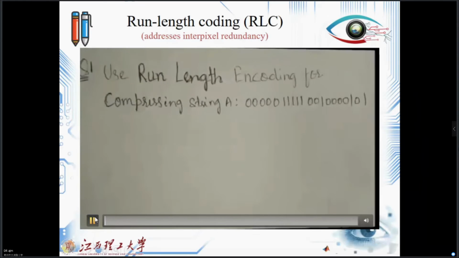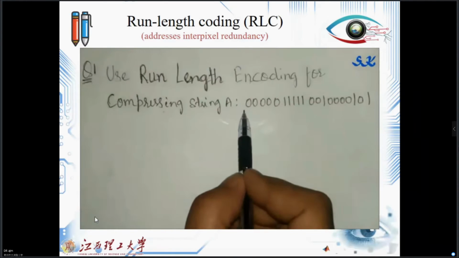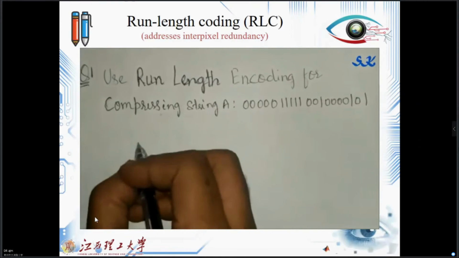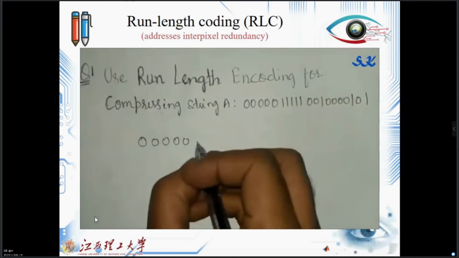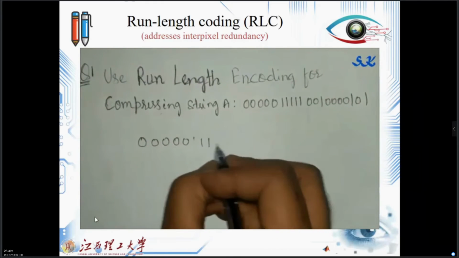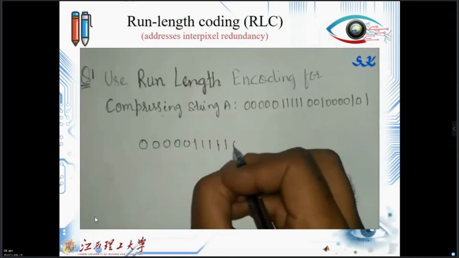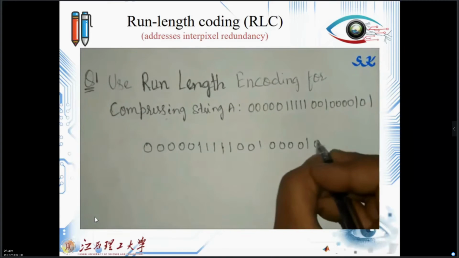Okay. Then run length coding for these codes. Suppose we assume this string that I have. We have 5 times for the 0, 0, 1, 1, 1, 1, 1. Again, 5 times for these 0, 0, 1, 0, 0, 0, 0, 1, 0, 1.